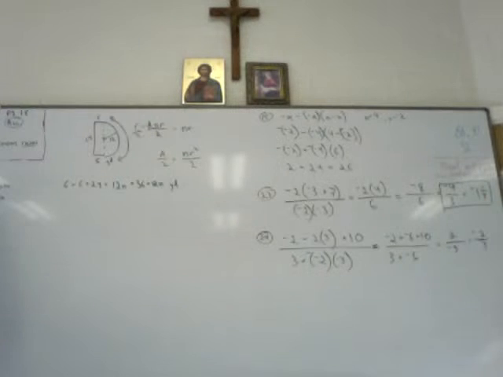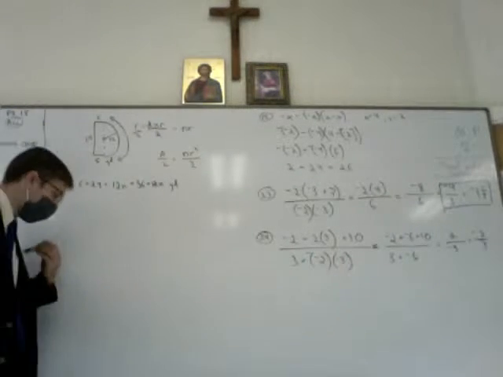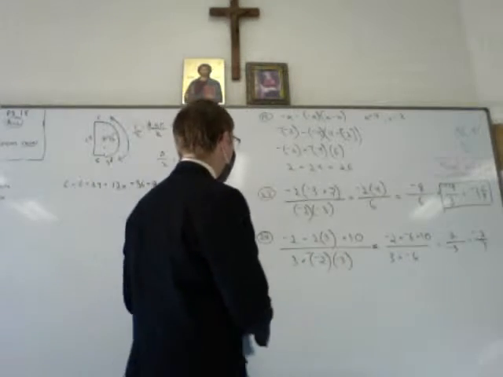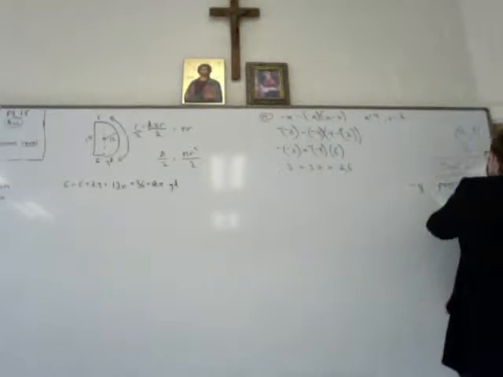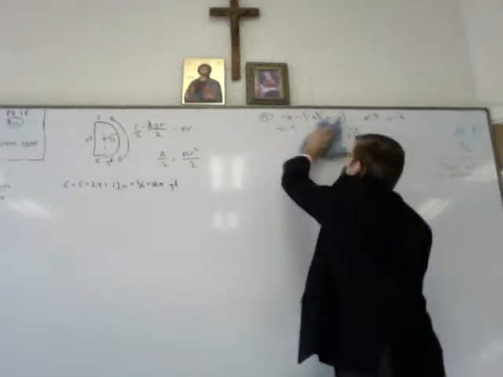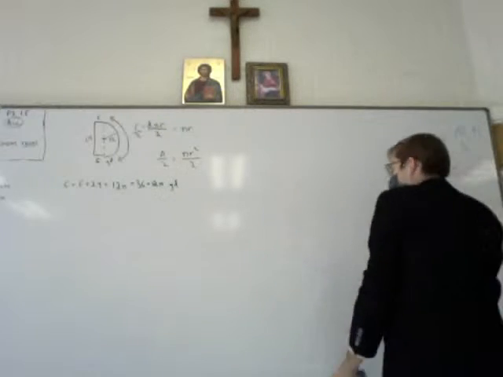Last questions? Okay, let's talk about exponents. This shouldn't be too new. I'm going to erase this stuff over here. What do I mean when I talk about exponents? The number above a number.